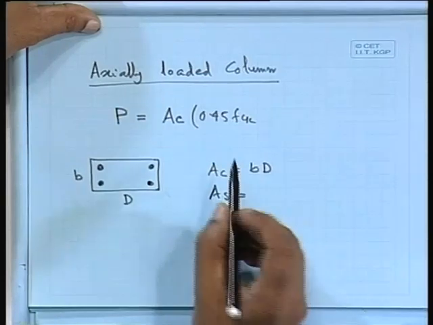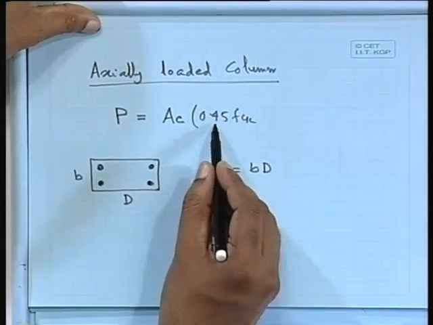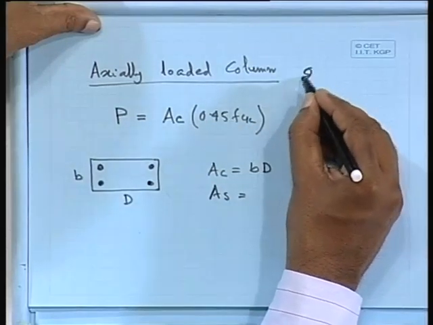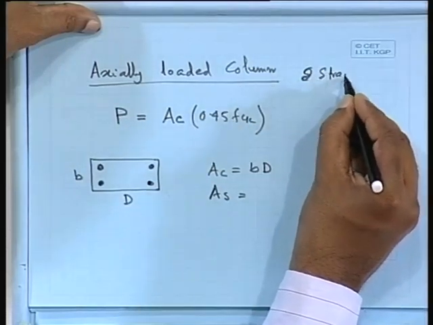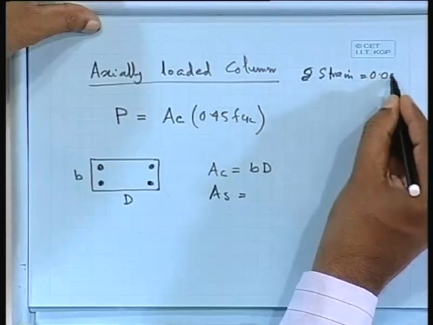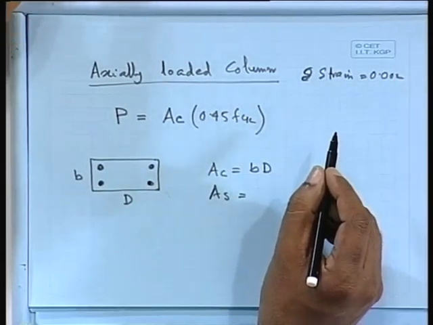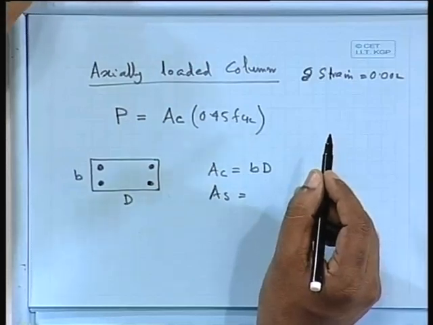So P will be equal to Ac times 0.45 fck, because we are talking about strain 0.002. This is the one our code says for axially loaded column, that direct compression strain is 0.002.